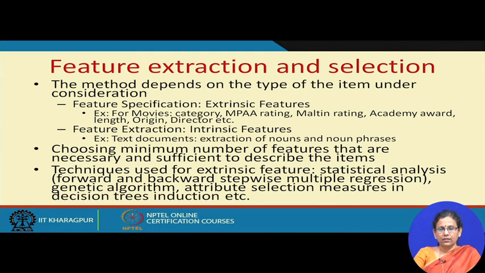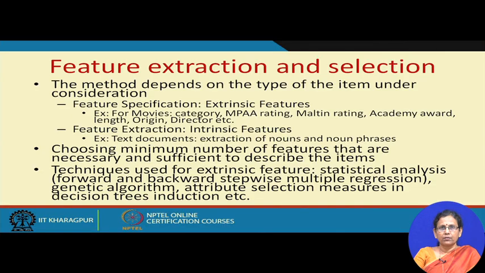For example, in the case of a movie, the movie category, its MPA rating, its various other ratings, whether it is an Academy Award winner or not, its length, its origin, etc., can be used as features.